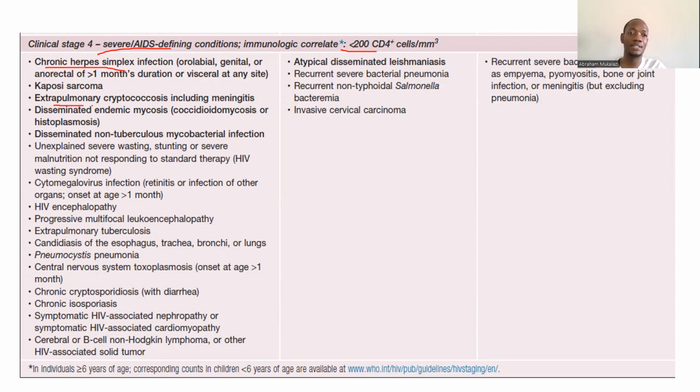You'll have patients presenting with extrapulmonary, or that is skin, cryptococcosis, and other severe forms of opportunistic infection, including non-tuberculous mycobacterial infections, severe forms of cytomegalovirus infection, HIV encephalopathy, delirium, pneumocystis pneumonia, and the rest. So these are very, very ill patients that are admitted, sometimes with very poor outcome.